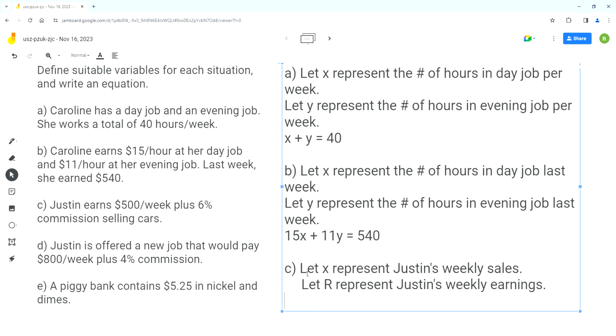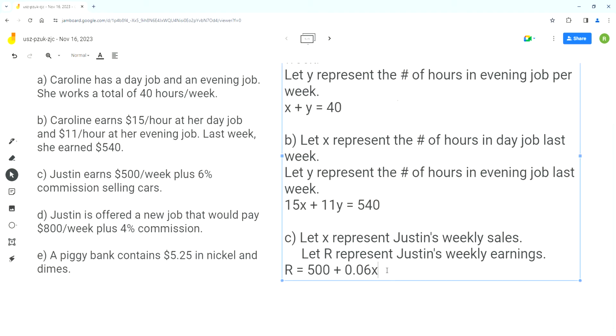So our equation will be r equals, he will earn $500, so that's the fixed amount that he earns, plus the 6% of the x value, his weekly sales. So it will be 0.06x. So we convert the percentage to decimal form by dividing by 100. So 6 divided by 100 is 0.06. So now we can analyze part D.